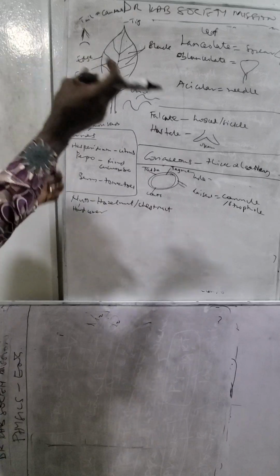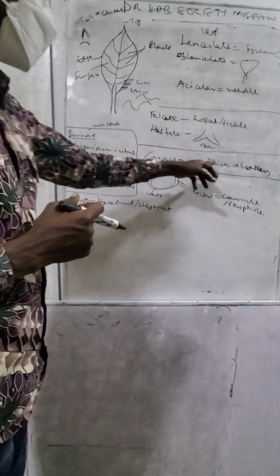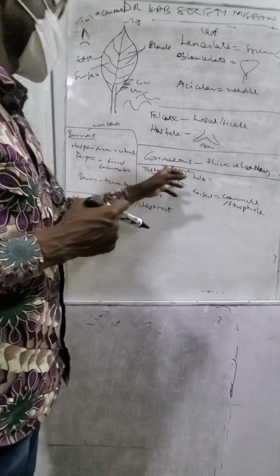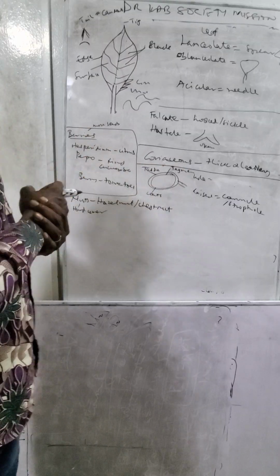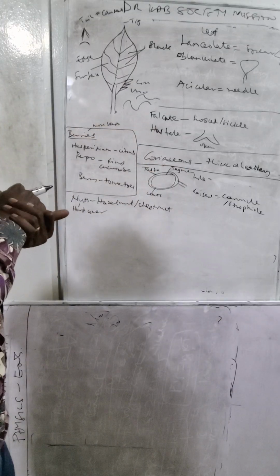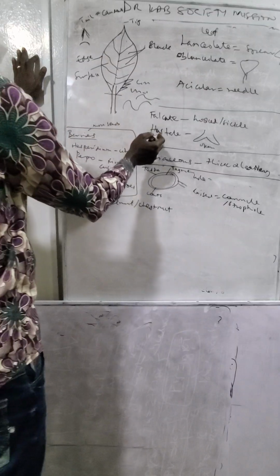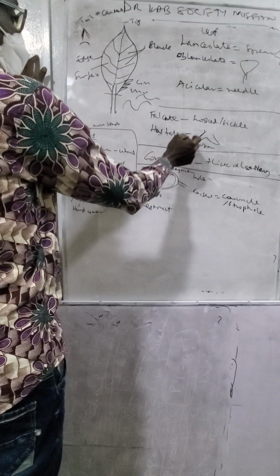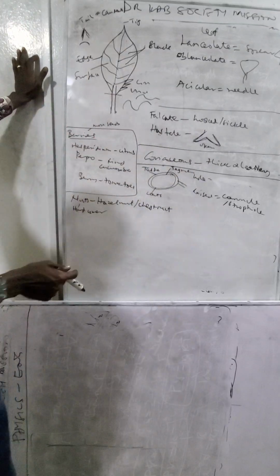Then even the texture: we have thick and leathery, like the coriaceous. In terms of the base, the base can be open in a triangle form. Falcate.